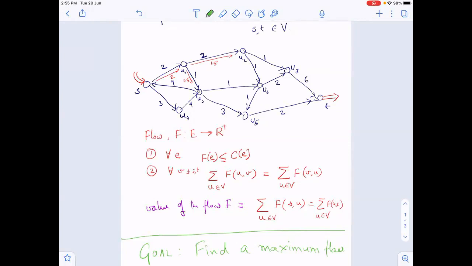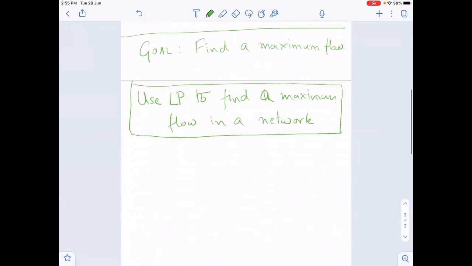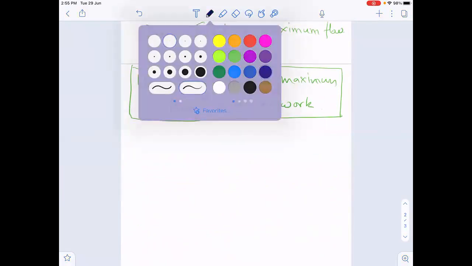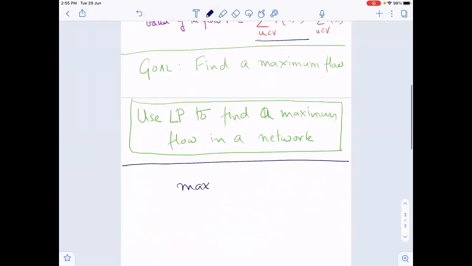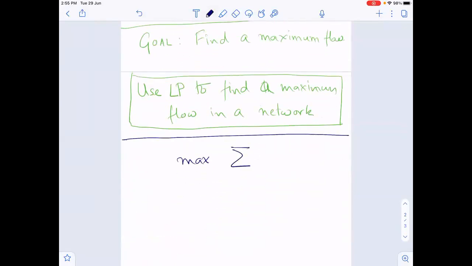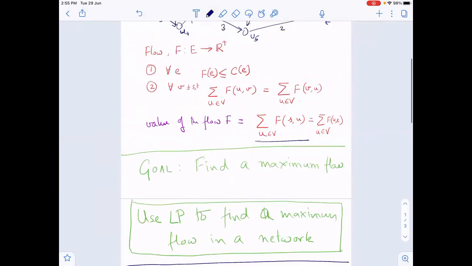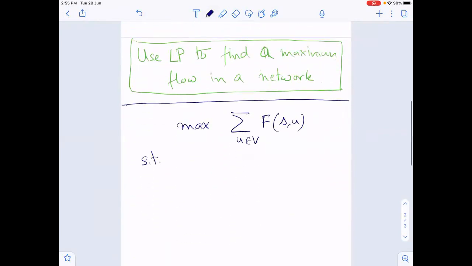So you're right actually, the LP that is there is pretty simple. It is completely right. Of course, you want to maximize the summation of f(s,u) over all u. So this is maximizing the flow, such that I have to satisfy both these laws.